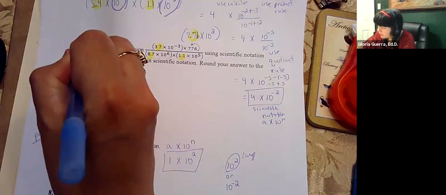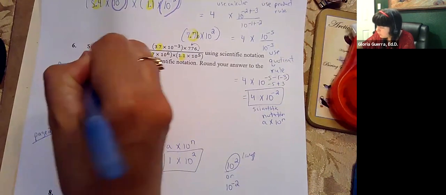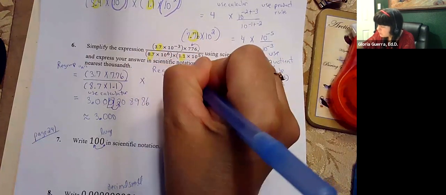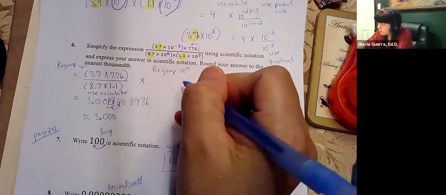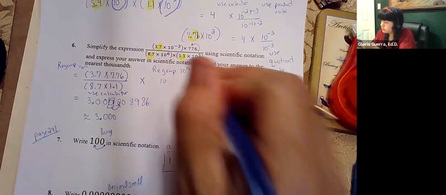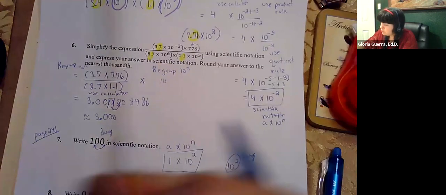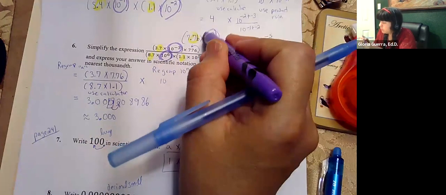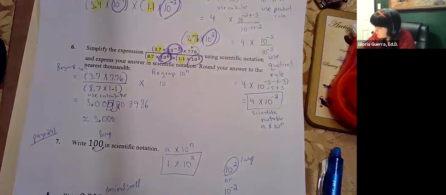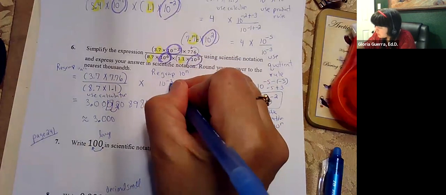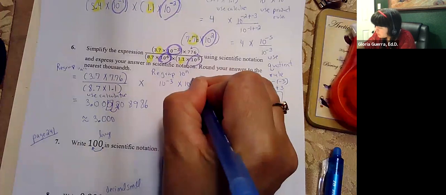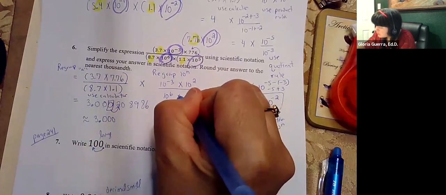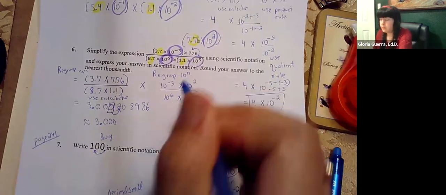Okay. Times. Okay, now first what we did was we regroup our A. Now we're going to regroup our 10 to the n. So we have in purple, 10 to the negative third times 10 squared over 10 to the sixth times 10 to the fifth. Okay.